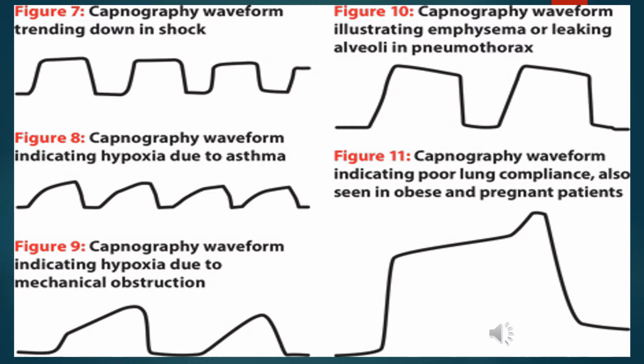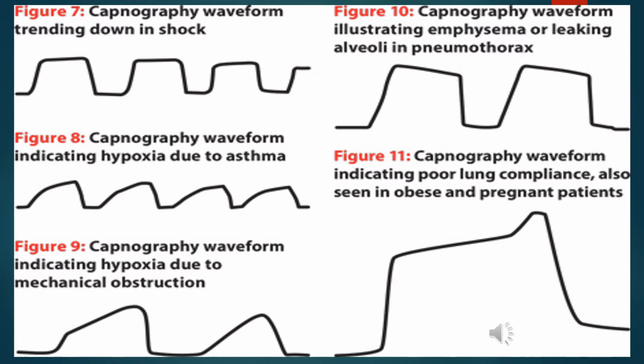Figure 8, that's capnography indicating hypoxia, like asthma. It's not squared off, it's more of a sharp, tooth-like waveform. Figure 9, that's capnography indicating hypoxia due to mechanical obstruction.